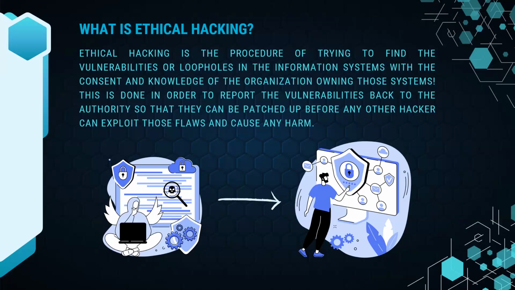So your job in ethical hacking is to find the vulnerabilities with the consent and with the knowledge of the organization. Once you find those vulnerabilities, it's your ethical responsibility to report it back to the company. Once it is reported, the company will apply the necessary security updates. It's going to patch it up.